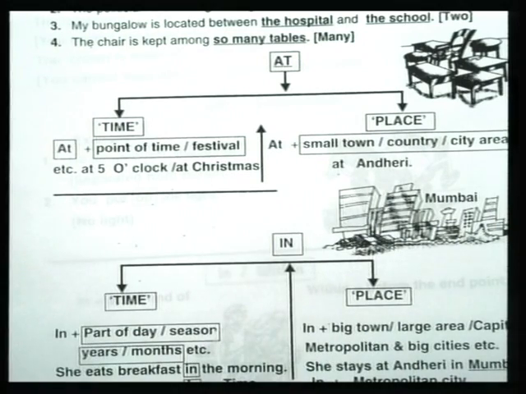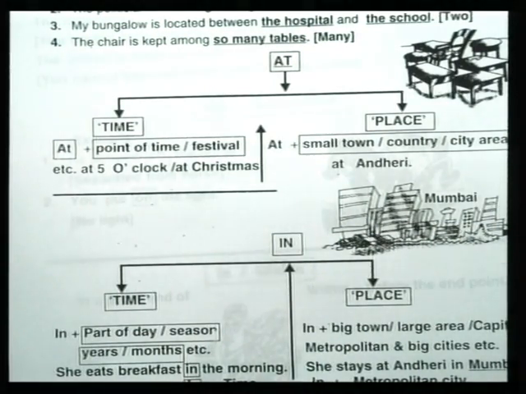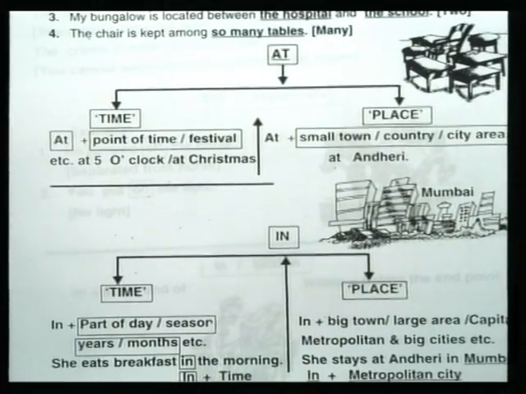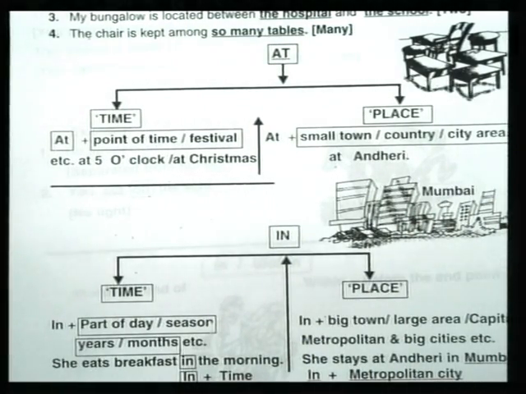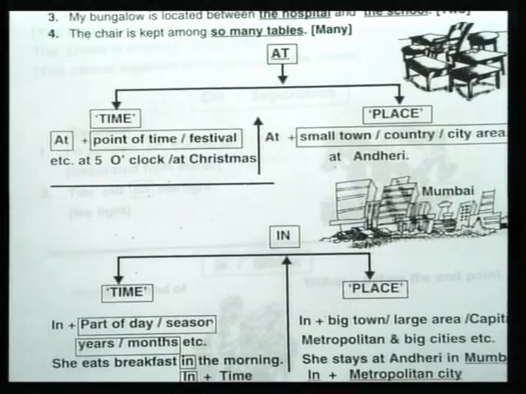I have a party at my place at 5 o'clock. Or at Christmas. We see Santa Claus at Christmas. We light candles and decorate the Christmas tree at Christmas festival. We lit diyas at Diwali.